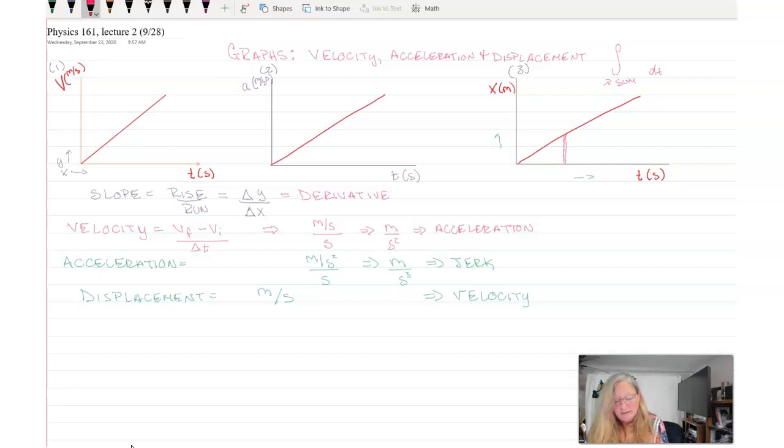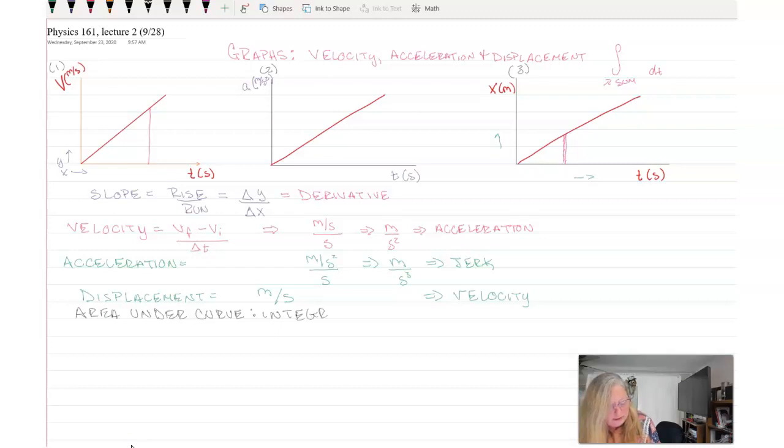So if I look at this graph, all of them, I made triangles. If I look at this, that's a triangle, so the area under the curve is my integral.